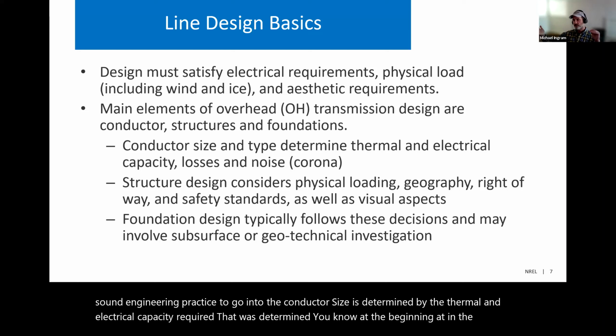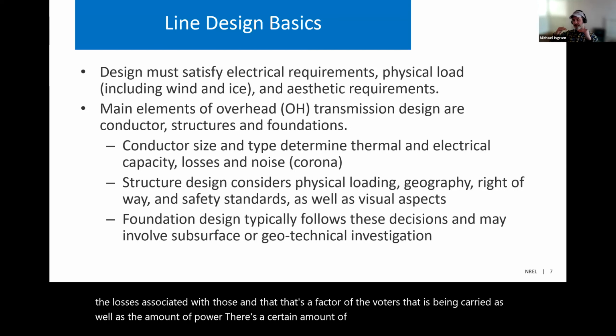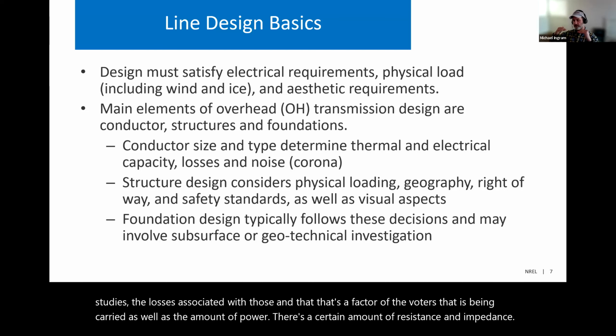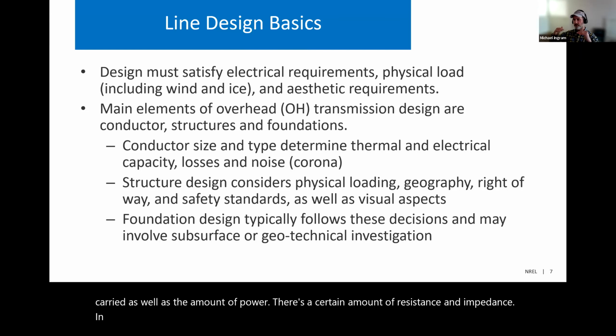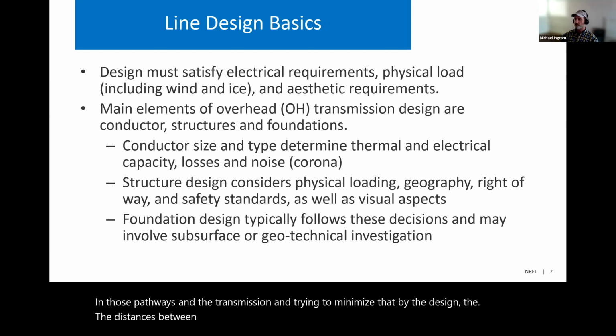The losses associated with those are a factor of the voltage being carried as well as the amount of power. There's a certain amount of resistance and impedance in those pathways, and the design tries to minimize that through the distances between the conductors and so forth.